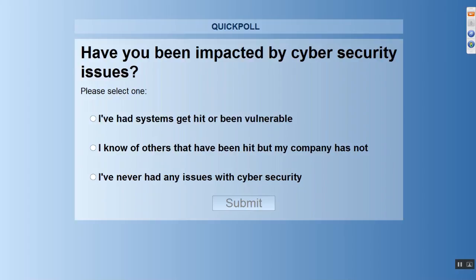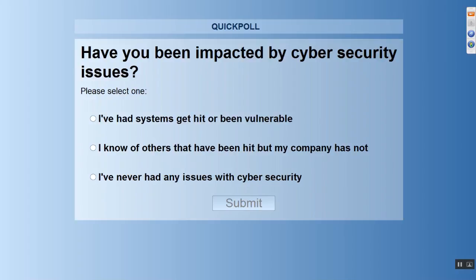Don't worry, guys. We're not going to tell your boss if you choose that you've been hit by cybersecurity. We're going to go ahead and show you the results of the poll. It looks like about a quarter of you have had systems hit or been vulnerable, and I'm sorry to those of you. I know that's definitely not an easy thing to deal with.